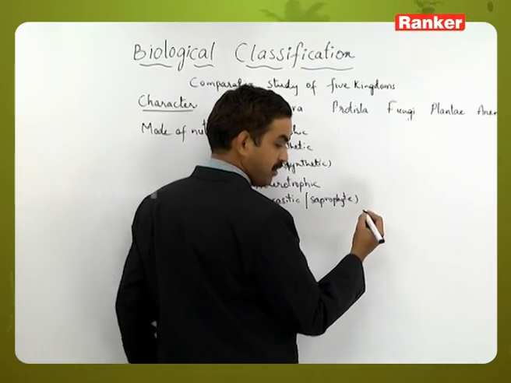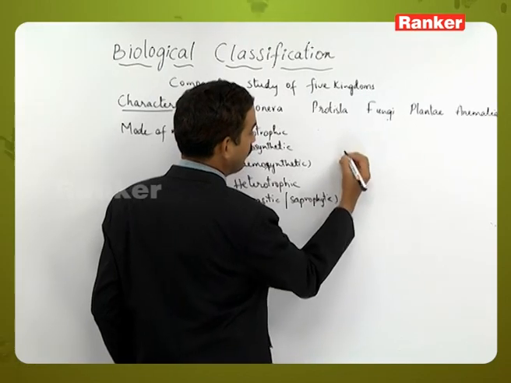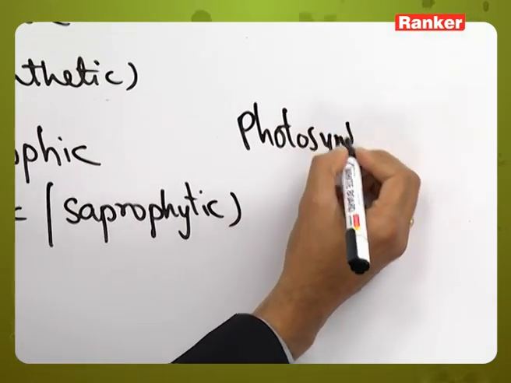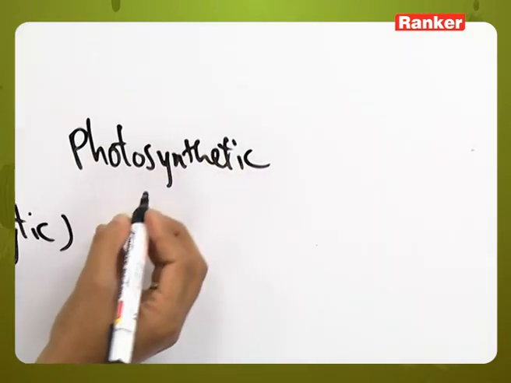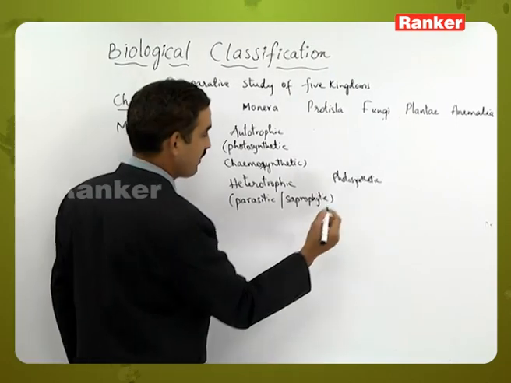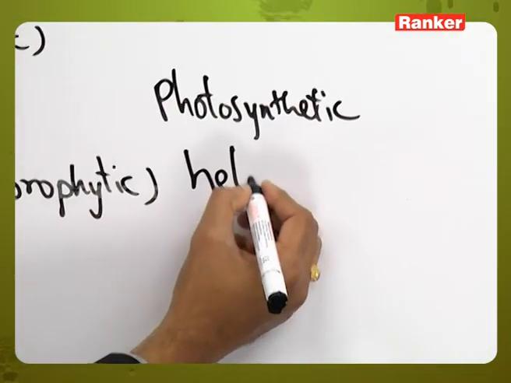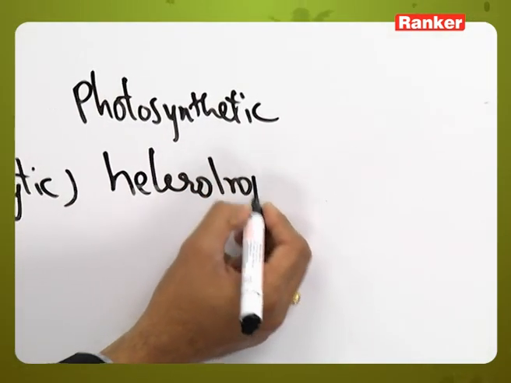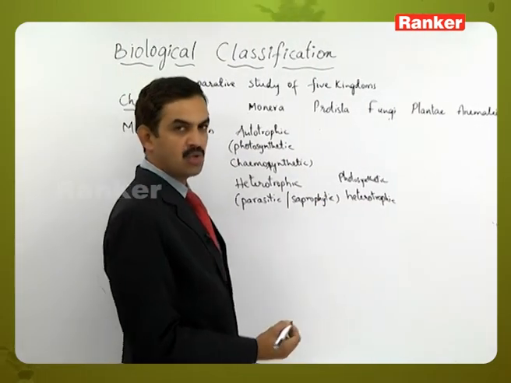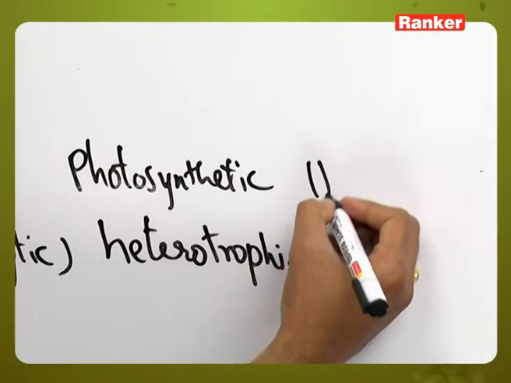When it comes to nutrition, the protistans are photosynthetic, and some animals are also included in Protista. That's the reason why some of them are heterotrophic also. And fungi are heterotrophic.